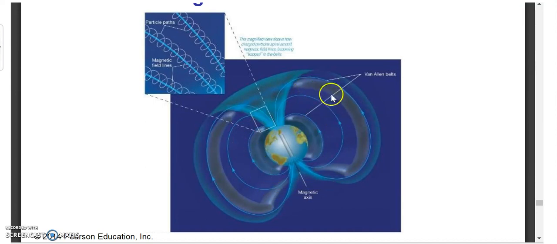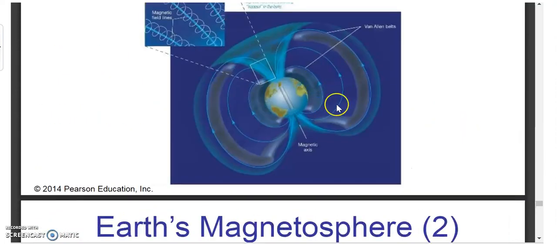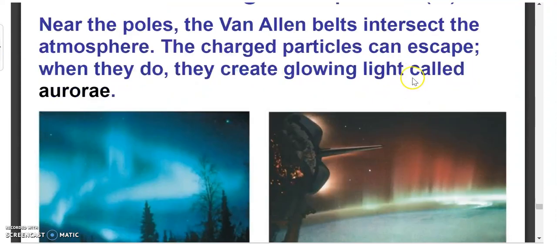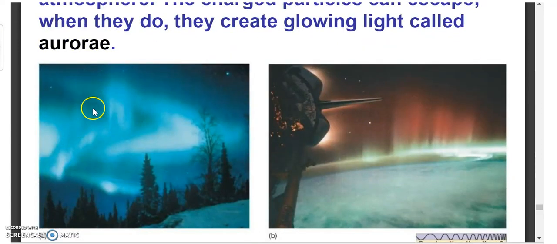These were actually explored by a spacecraft called Explorer 1. They were predicted first, and then of course discovered. This was the first spacecraft that NASA sent up into space. All right, so here are the Van Allen belts. The northern lights or the southern lights, or auroras, as they're also known.